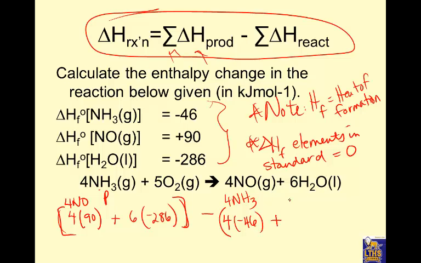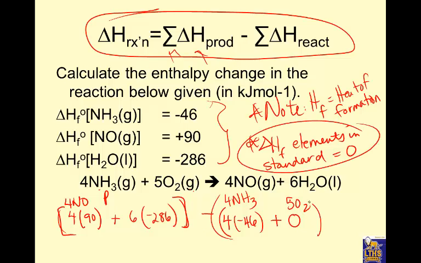Plus, I have to sum up 5 oxygen. I look on this table and I can't find oxygen. What the heck? Oxygen is an element. At standard temperature and pressure, it's a gas. So it's a 0 for its heat of formation. Make sure you remember that. So now I have to subtract.